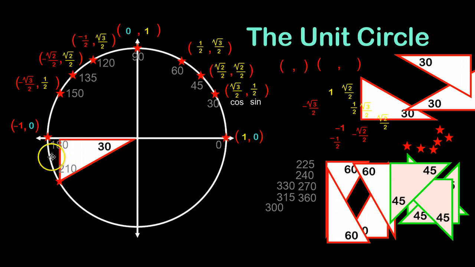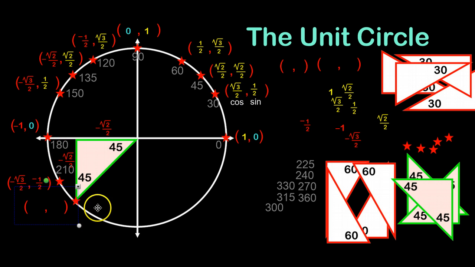So in 30, 60, 90, you have a short one, which is a half, a long leg, which is root 3 over 2, and so that's going to be negative root 3 over 2 to the left. And it's also going to be negative 1/2 down. So when we talk about values in quadrant 3, they are all going to be negative. So the cosine is negative in quadrant 3, as well as the sine. So everything in quadrant 3 is going to be negative.